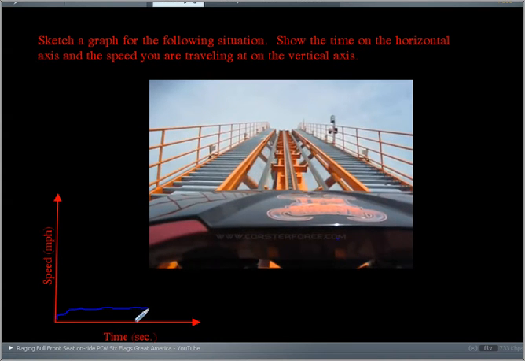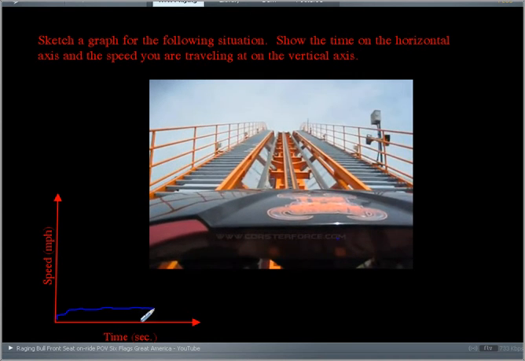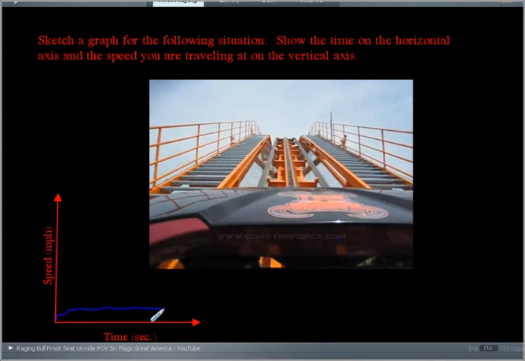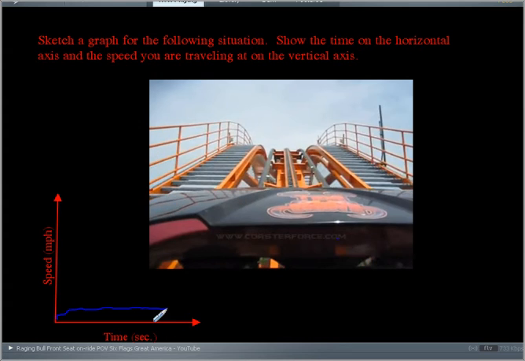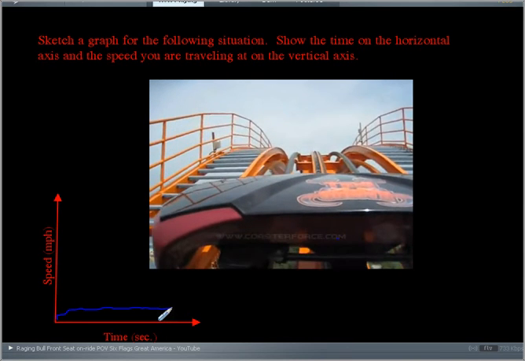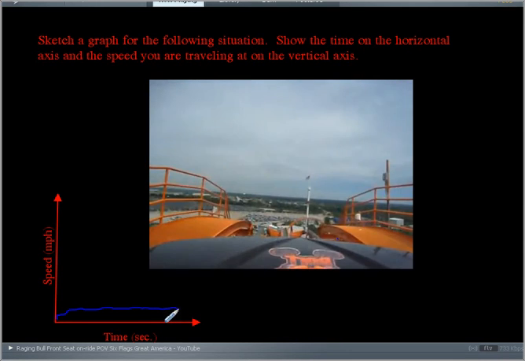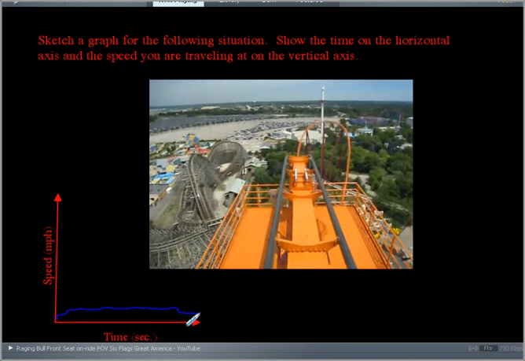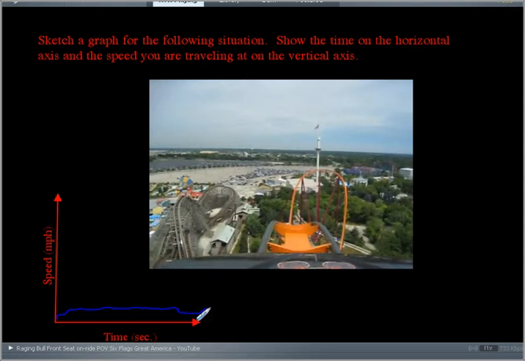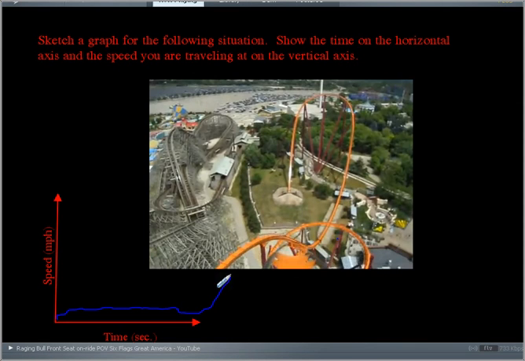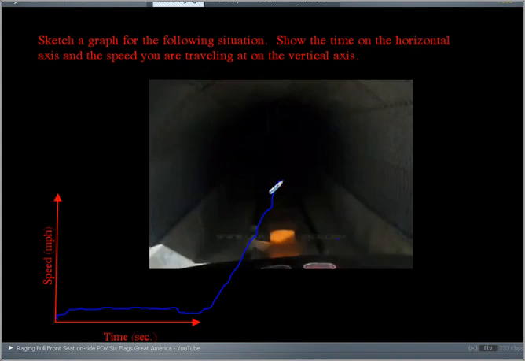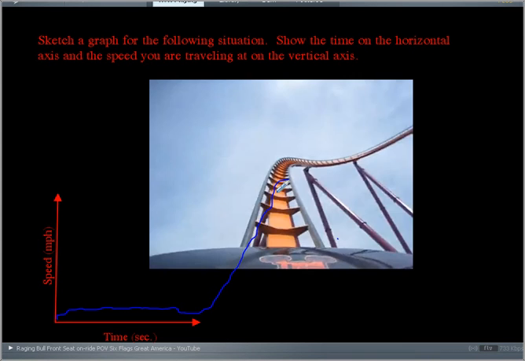Still going about the same speed. Now remember, right at the top, it almost feels like you stop. So we're going to go down a little bit, and then we're going to end up going way up here, and then we're still going this speed.